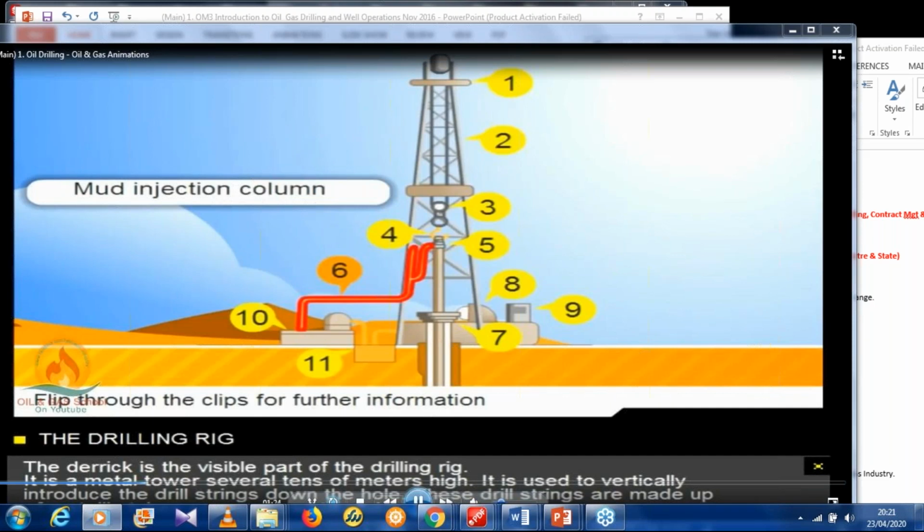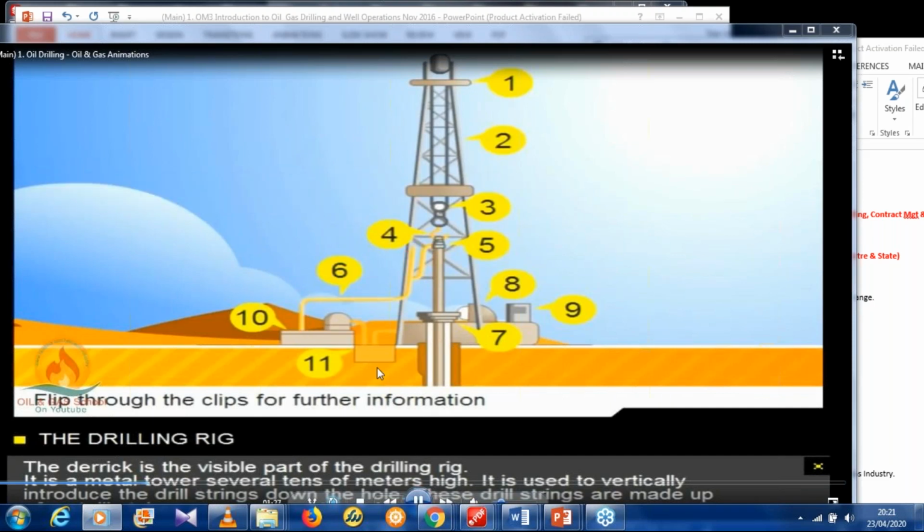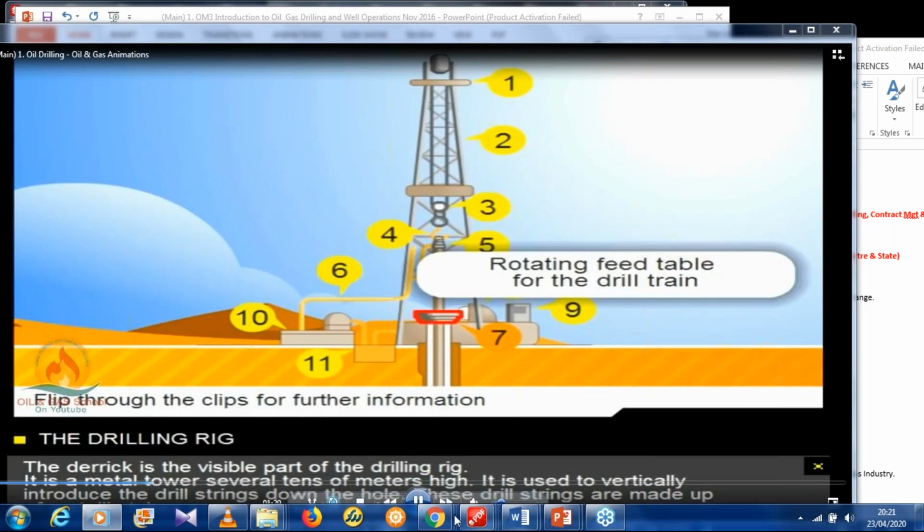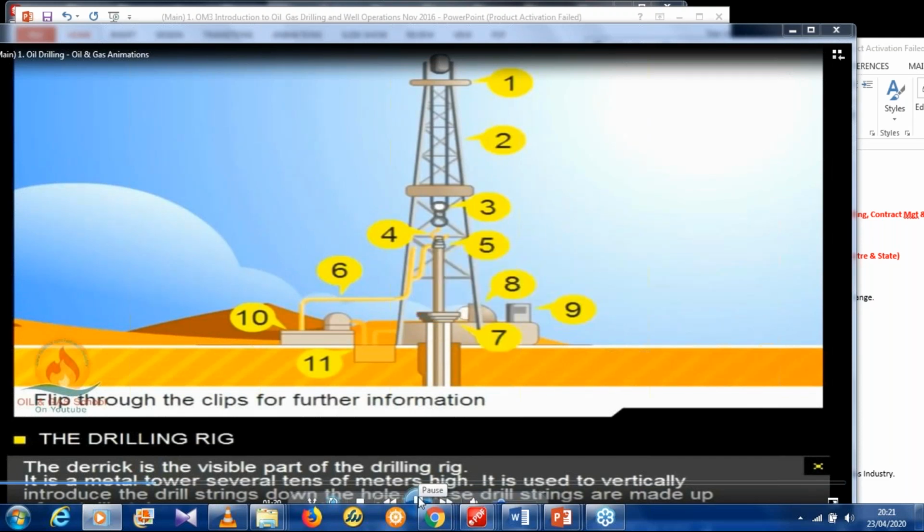All right. Then we have our rotating feed table. Then we have our draw works here, somewhere close to the base. We have the draw works. We get to know more about them as we proceed.